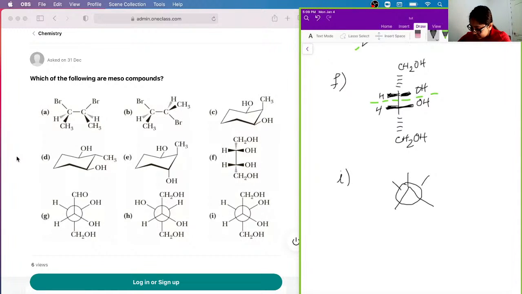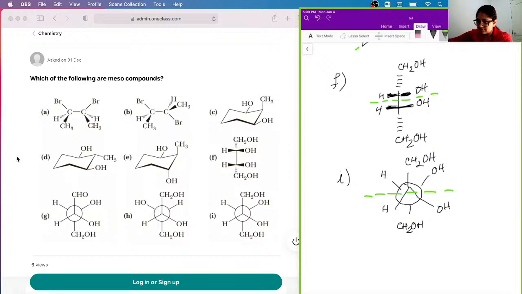So we have CH2OH, OH going backwards, OH, CH2OH, H. What you can do here is cut this right through the middle, and you would have the same stuff on the same side.